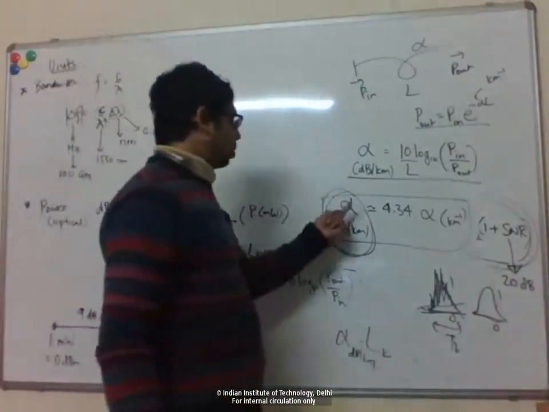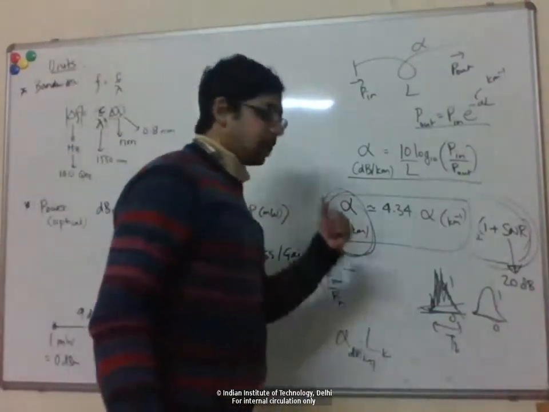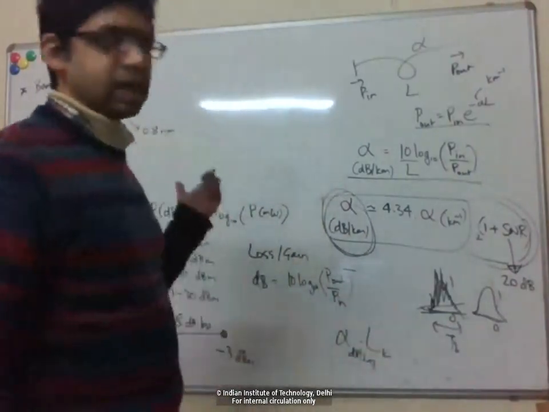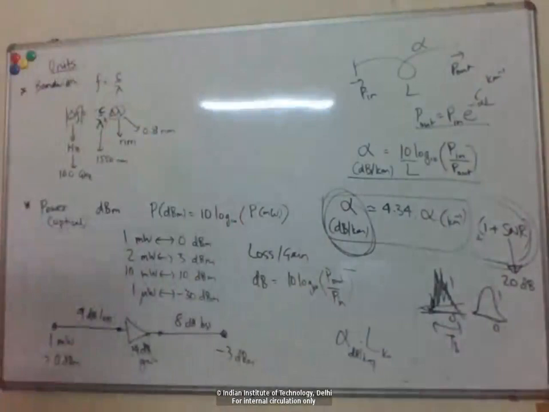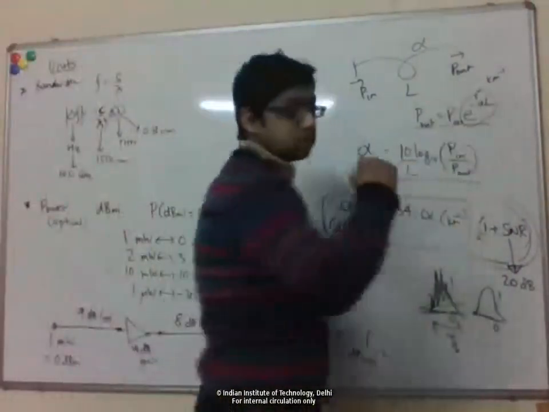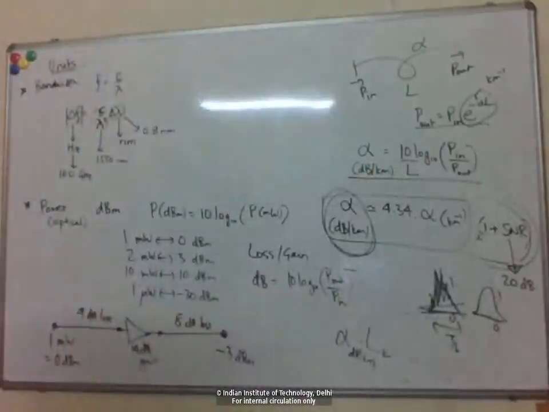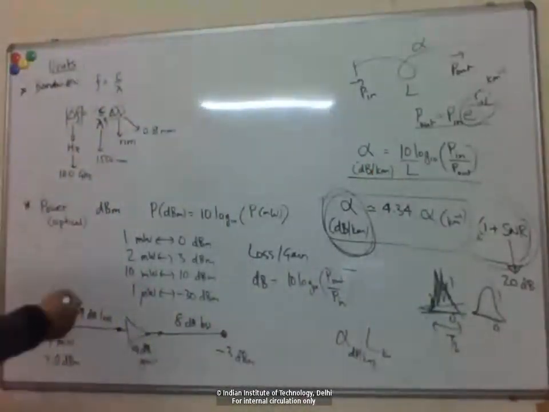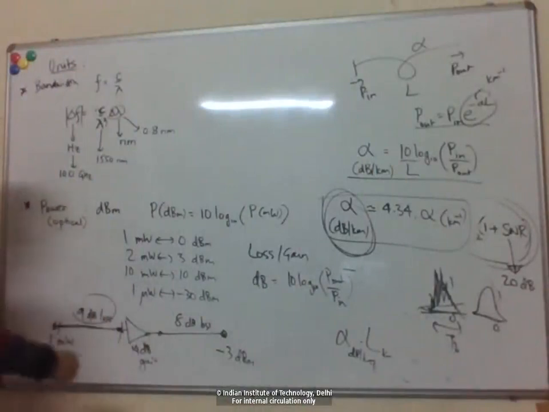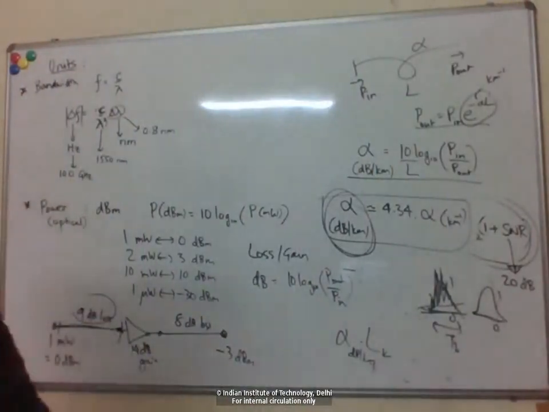So again, if I have 0.2 dB per kilometer loss, I have 100 kilometers of fiber, then the total loss is 0.2 times 120 dB. I don't have to take exponentials. So for given some length of fiber here, I can straight away write what is the loss in dB, and then calculate my budget.